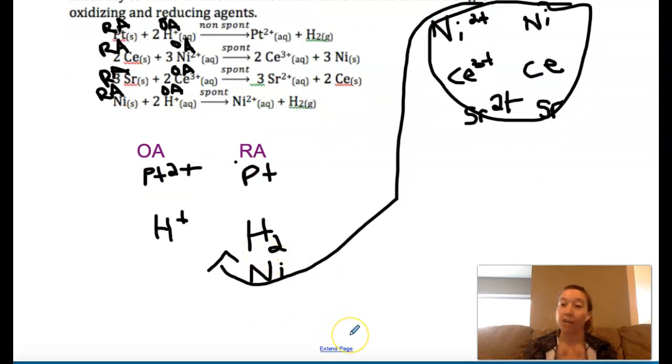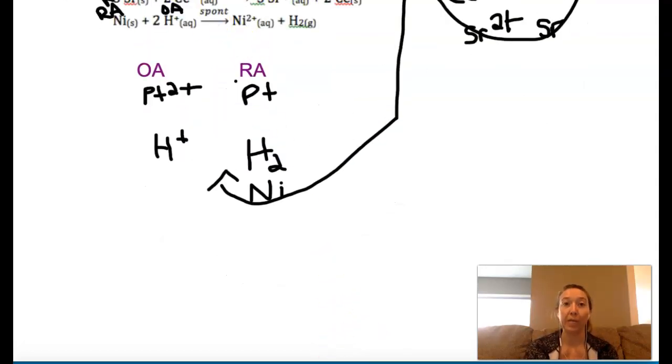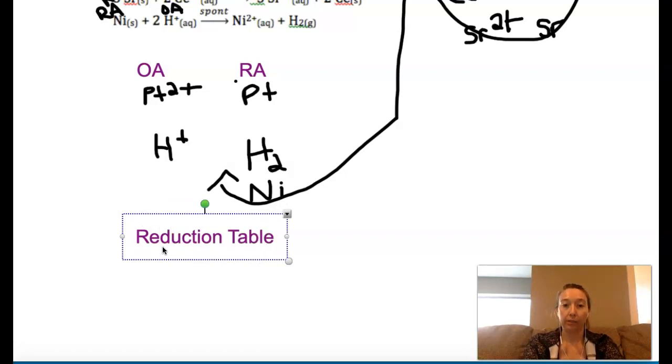So I should write out an actual half reaction table, because that's what it's asking for, not just a random ranking. That random ranking was just to help us reach that point where we would be able to do that. So how this reduction table is going to look.